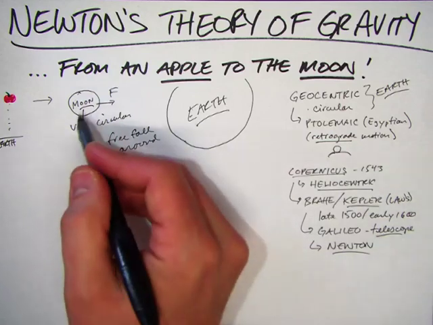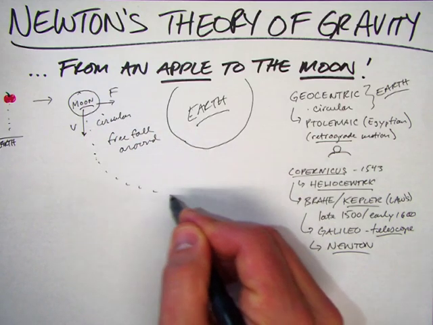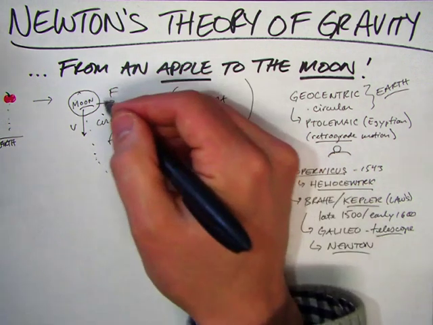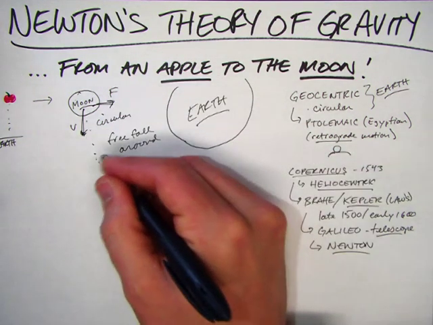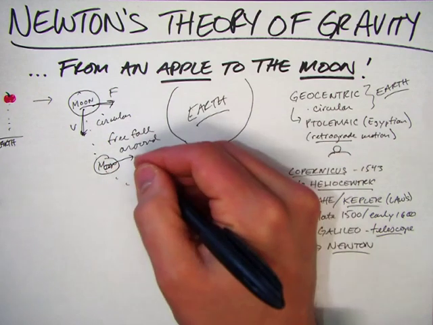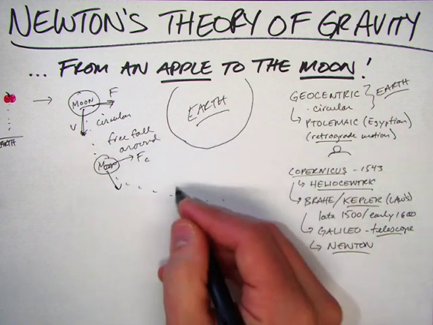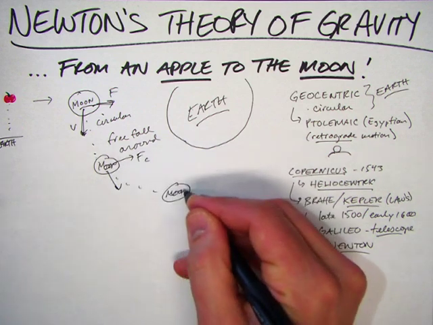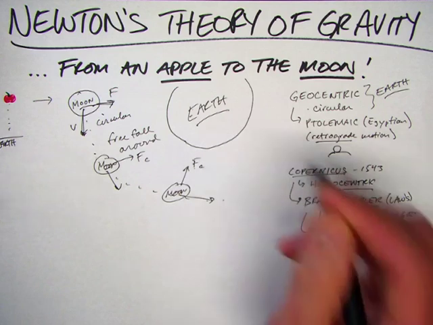Well, since the moon was known to be falling in a circular path around the Earth, if there's a force pulling inward on the moon, but it's got some tangential velocity, you could see that at every position, this force could be a centripetal force, the force of gravity, and the orbit changes direction with this centripetal force.